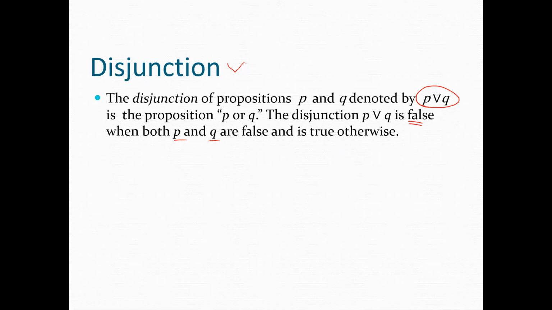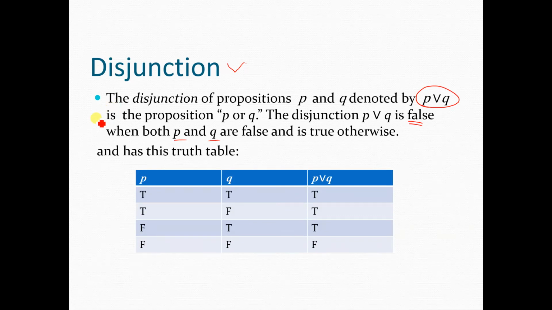So let's have a look at its truth table. Again, we are using two propositional variables in this truth table, so we have 4 rows in the table. This column represents the corresponding truth values for P ∨ Q. According to the definition, when P and Q both are true, P ∨ Q is true.